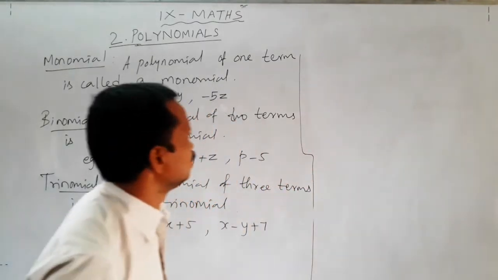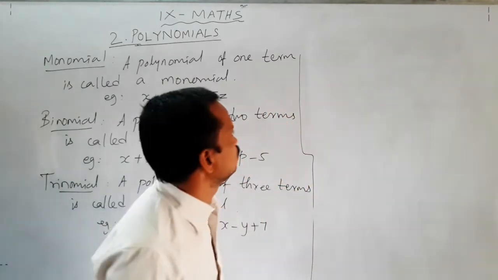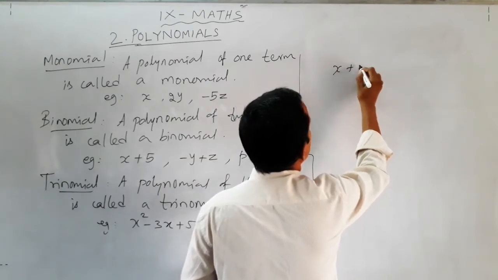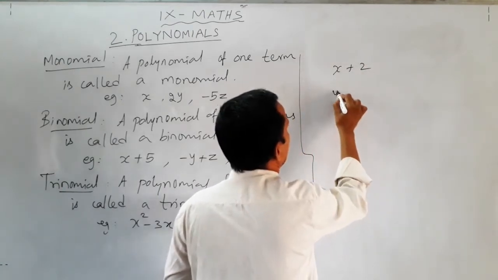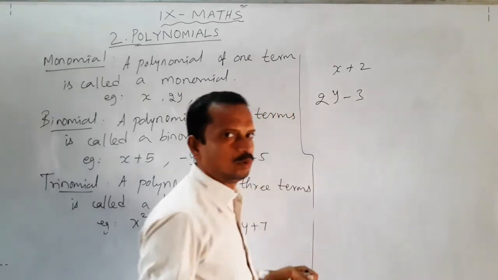Now, what is a polynomial? x plus 2 is a polynomial, 2y minus 3 is a polynomial.